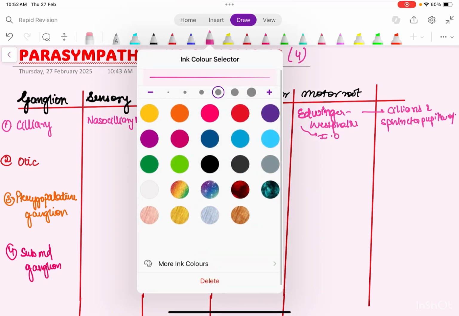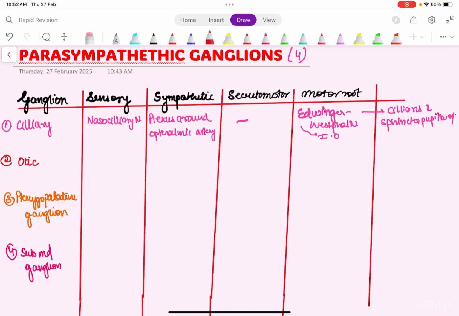All right, now let's talk about the otic ganglion. Now, in otic ganglion, you have to know that the sensory is the auriculotemporal nerve, and sympathetic is the plexus around middle meningeal artery.